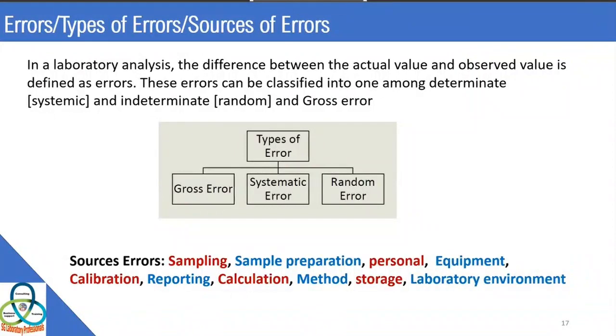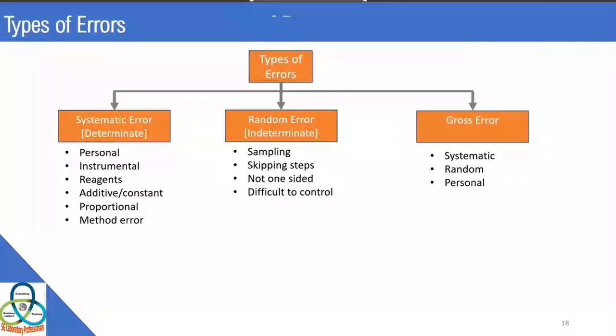So we can designate these different sources as systematic error, random error, or gross error. You can see most of them fall within systematic error. That means this can be properly controlled if you have taken the required precautions.